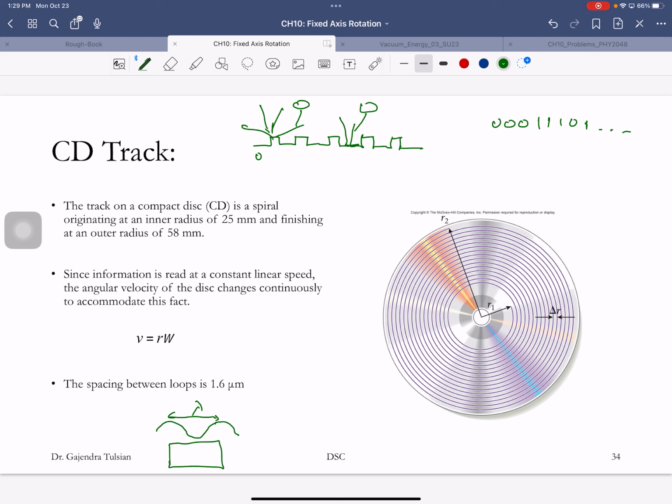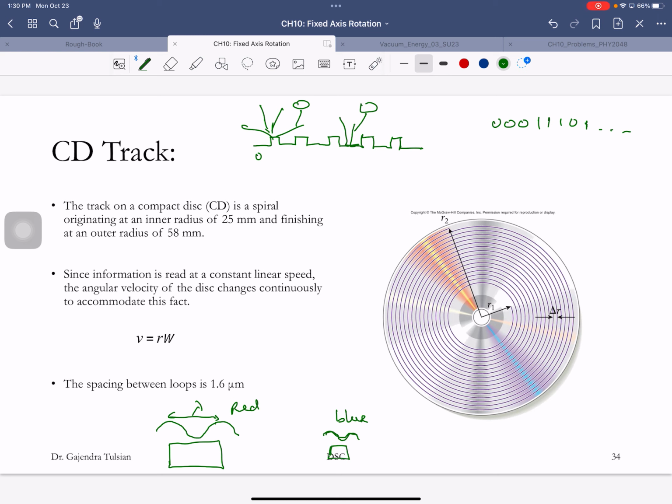Did you guys understand that? So what if you want to read a smaller object? What do you have to do? You have to use a shorter wavelength light. This is red light, this is blue light. So now you can read a shorter object.